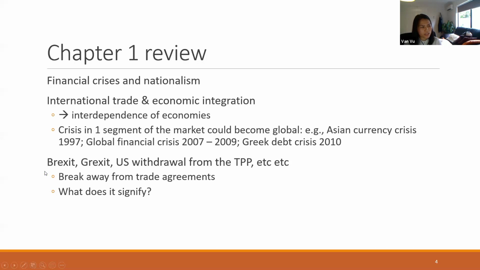Surprisingly, at that time, people thought that they were going to still stay in the European Union, but the vote result came out, and the majority of British wanted to break away from the European Union.